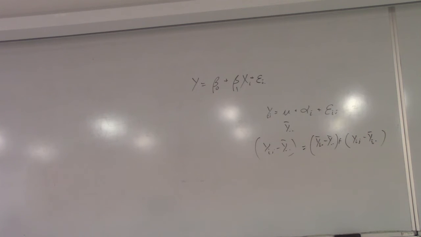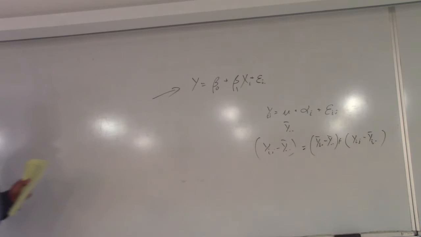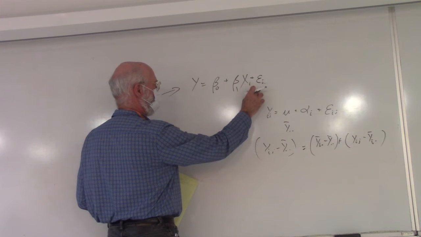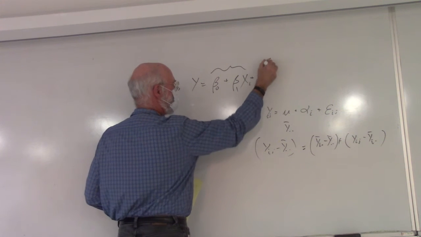So in our case here, we've got y, and y is the sum of a constant term and a part that is full of error. So that's constant, right? And there's my error.